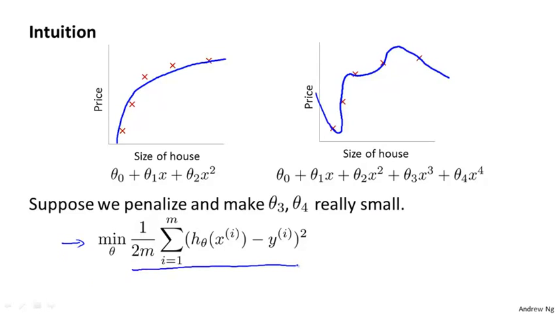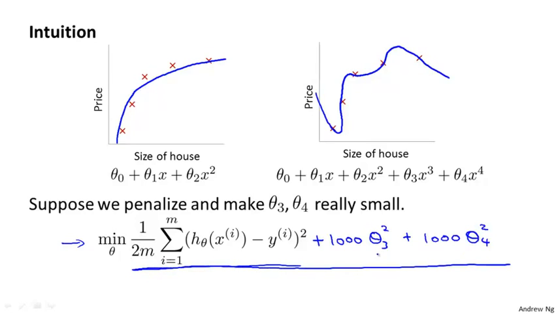Let's say I take this objective and I modify it and add to it plus 1000 theta 3 squared plus 1000 theta 4 squared. 1000 I'm just writing down as some huge number. Now, if we were to minimize this function, the only way to make this new cost function small is if theta 3 and theta 4 are small, right? Because otherwise, if you have 1000 times theta 3, this new cost function is going to be big.